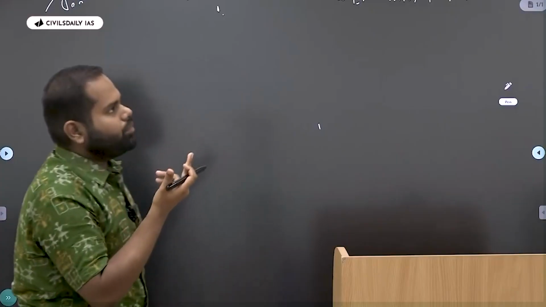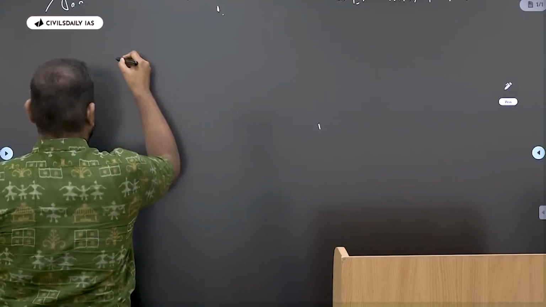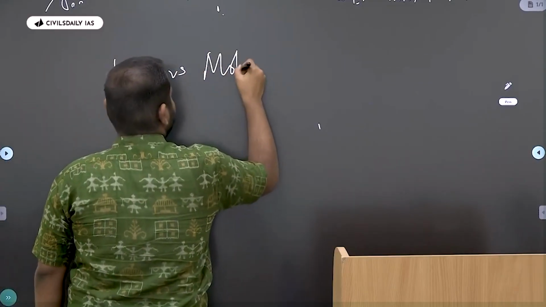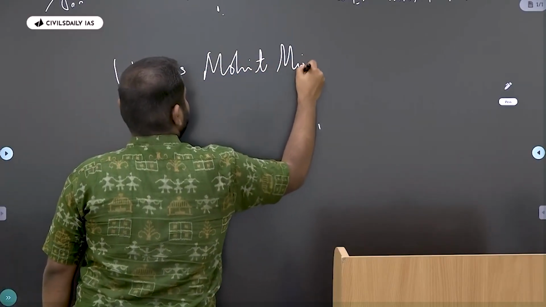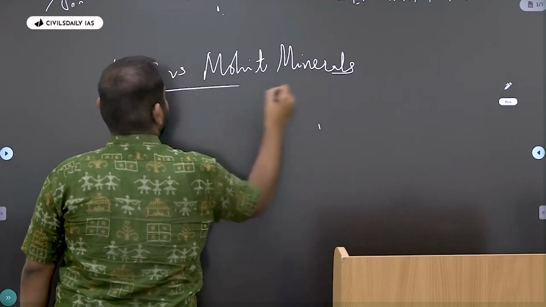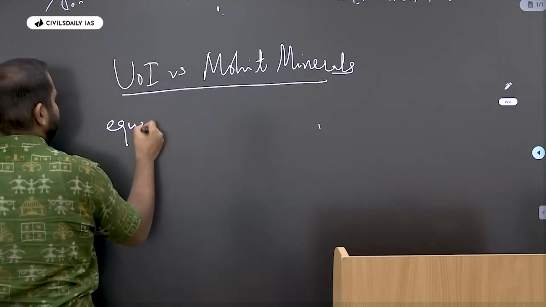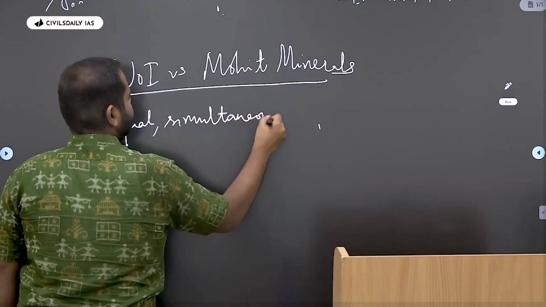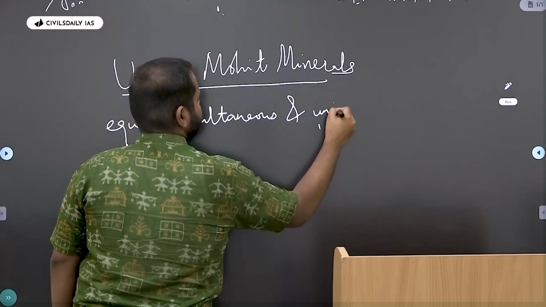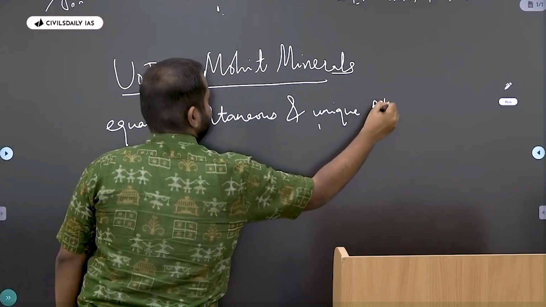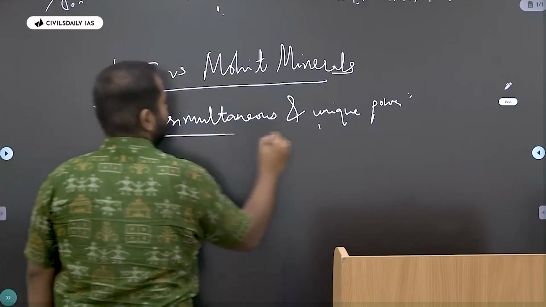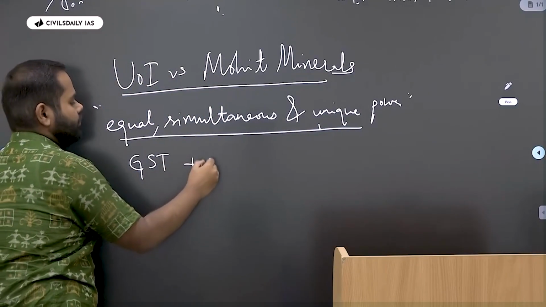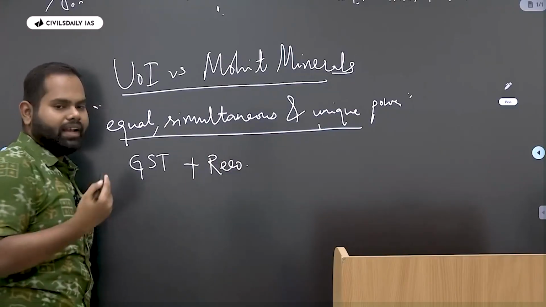There's one important Supreme Court judgment that you have to keep in mind: Union of India versus Mohit Minerals. It says that the states have equal, simultaneous, and unique power in making laws for GST, and the recommendations of the GST Council are not binding on the states.